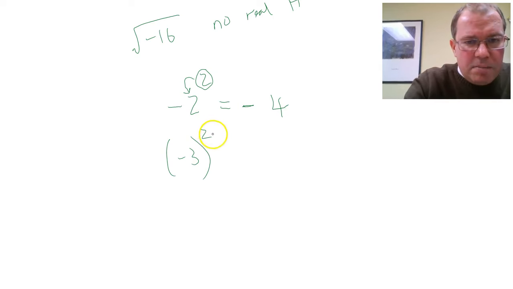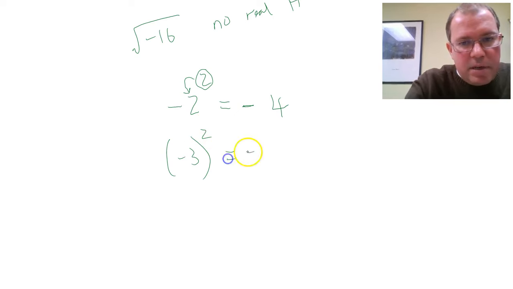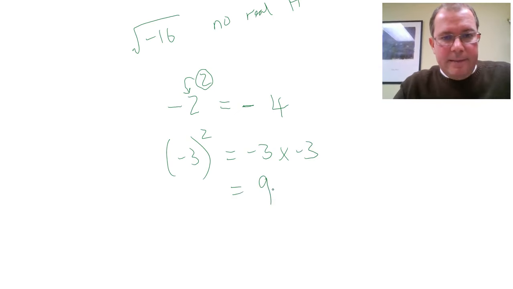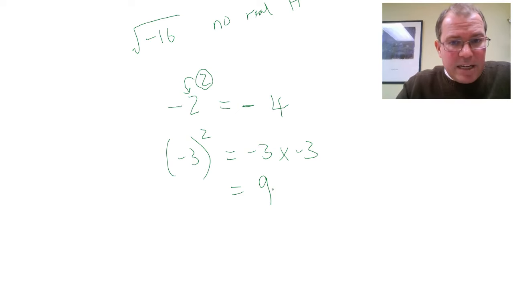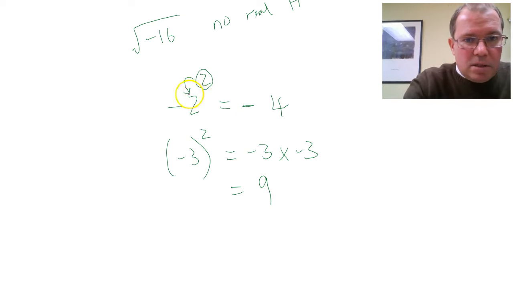On the bottom one, it's completely different. Now we're not squaring 3, we're squaring -3. So this means -3 times -3, which is of course +9. So when I've got the minus in a bracket and I square it, it's always going to be a positive number. Whereas when I've got the minus outside squaring, it's always going to be a negative number.